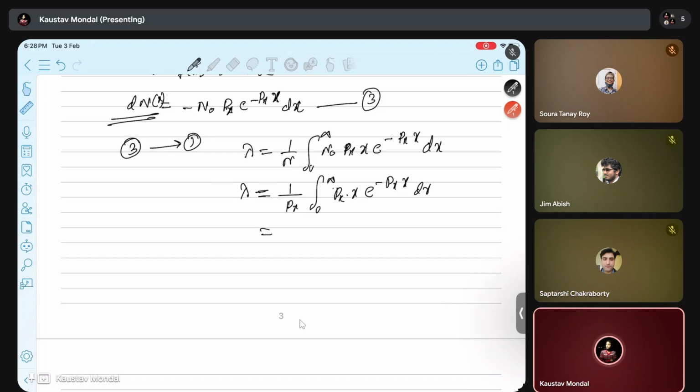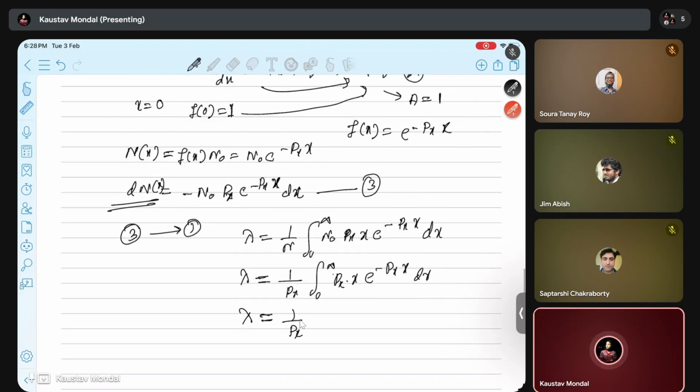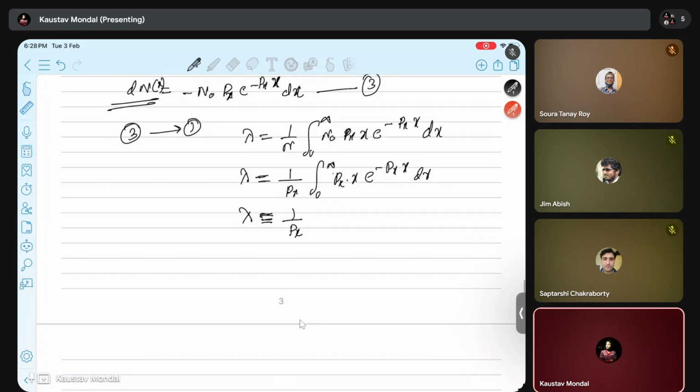Do the integration, it will give you 1 by P(x). That means lambda, the mean free path, is nothing but the inverse of the probability of collision between distance x to x plus dx. This is a very important relation we got here.